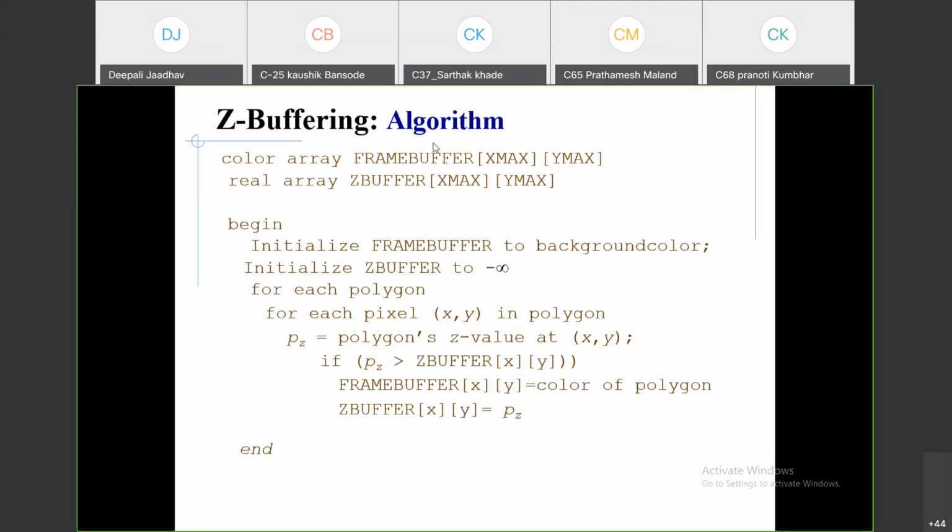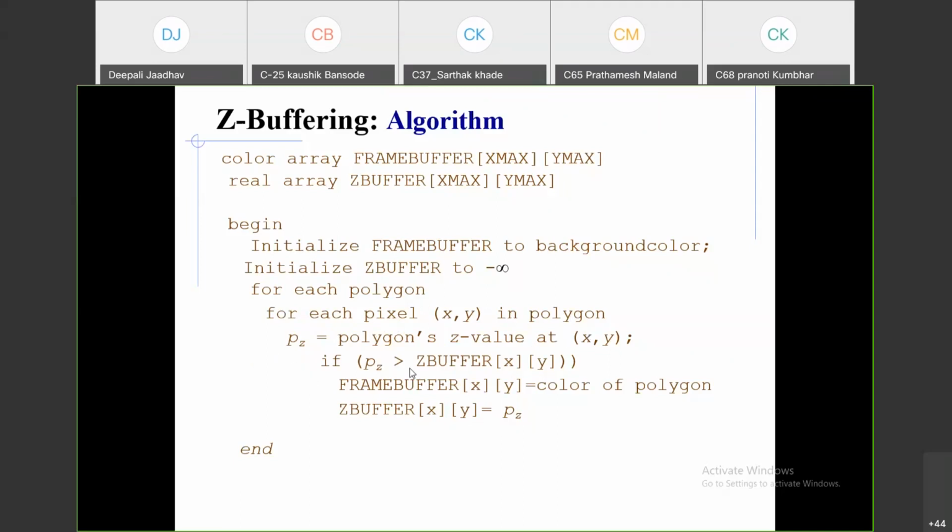So again, I am repeating the algorithm. Two arrays are used, the frame buffer and the z buffer. First, initialize the frame buffer to background color, which means all the pixels in the frame buffer are initialized to background color. Initialize the z buffer to minus infinity. For each polygon, for each pixel in that polygon with x, y coordinate, first calculate the z value at that pixel.